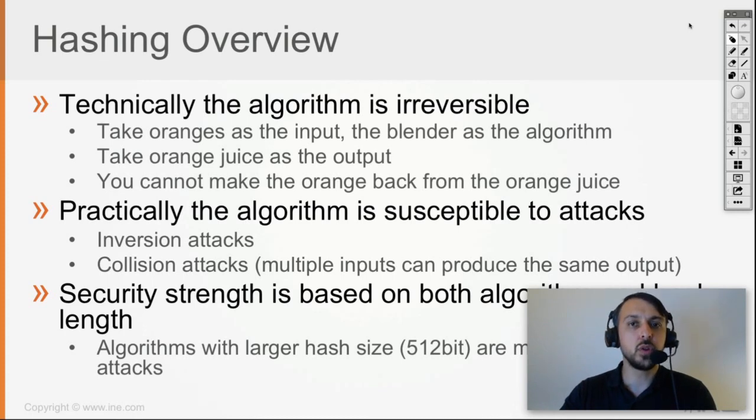But we use small values for the hashing function, because this hash value is going to be appended to the data packet. So if the hash value were too big, we're going to have problems with fragmentation. We're going to have too much overhead in transit, and it's not worth it.